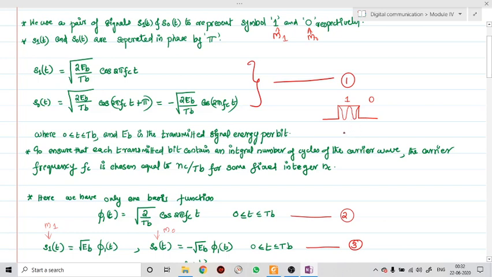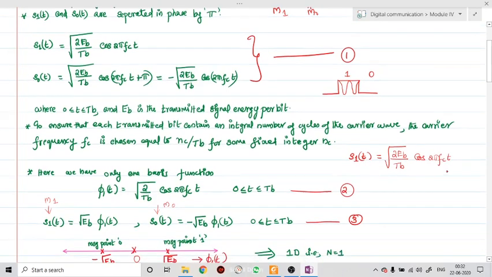Okay, now you consider this equation number 1. So I am writing it once again here. S1 of t is root 2 Eb by Tb cos 2 pi Fc t.